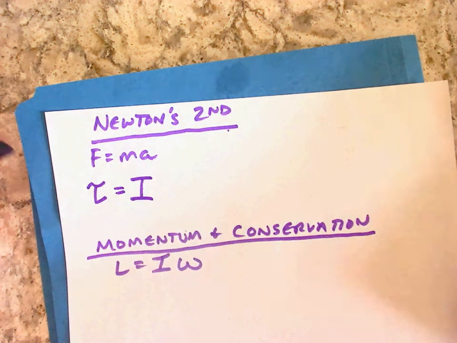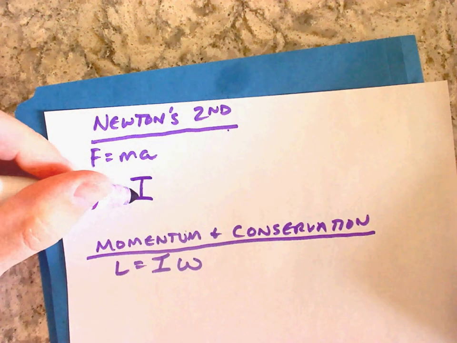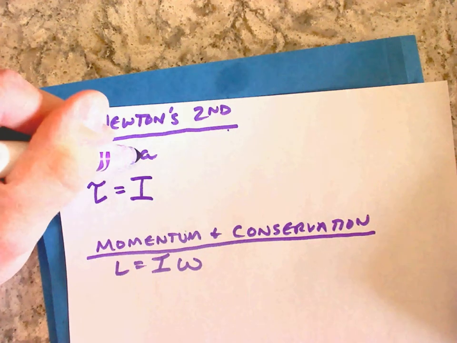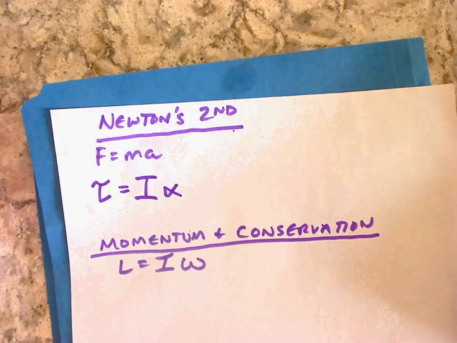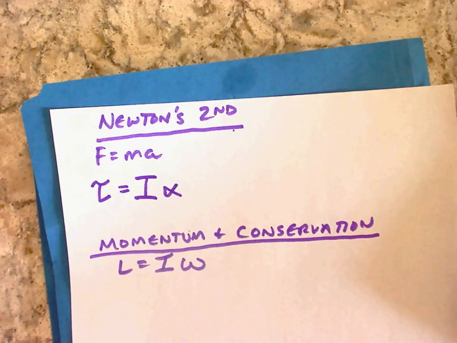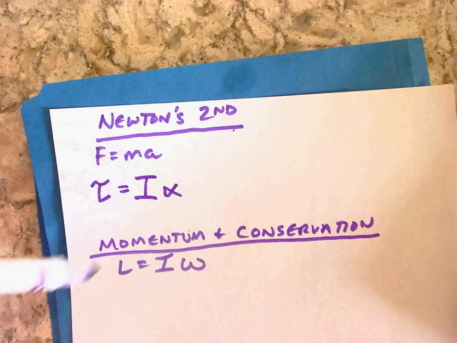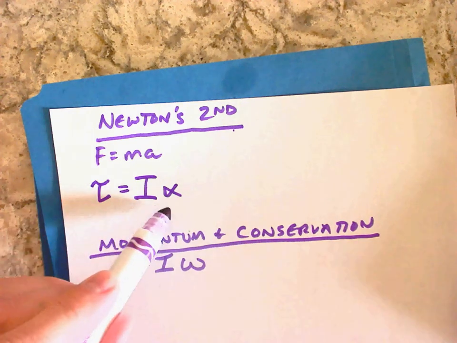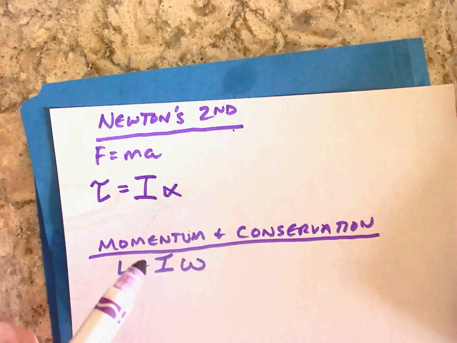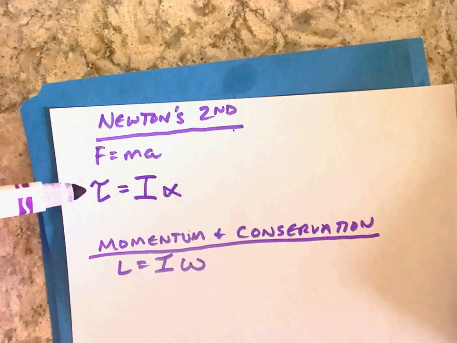So that was our I value, rotational inertia. And then it's no longer a linear acceleration. We are now talking about alpha because it's a rotational acceleration, sorry. So that was our equation. We could plug in here and find out things like a disk that was accelerating or that sort of thing. So that was Newton's second law applied.